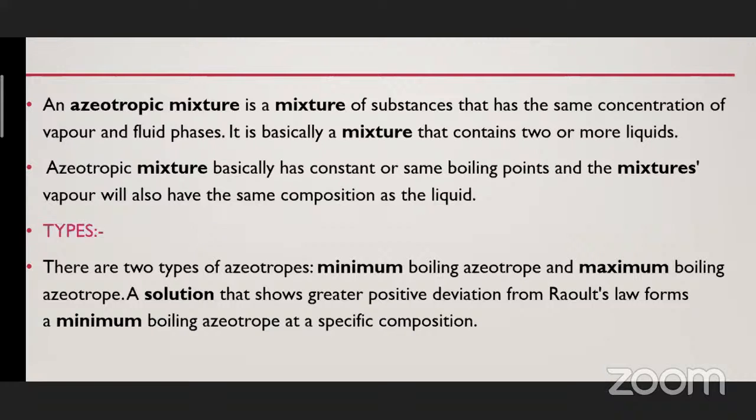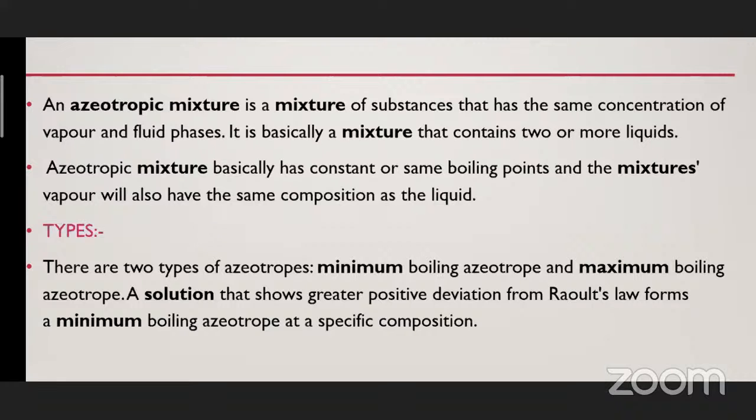Because the interaction is less, they go into the vapor phase easily, and their vapor pressures are more. Because the vapor pressure is more, we say that it is a positive deviation. An example of a positive deviation azeotrope or minimum boiling azeotrope is the ethanol water mixture.